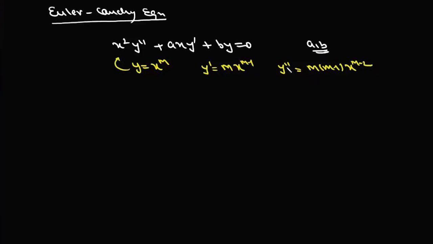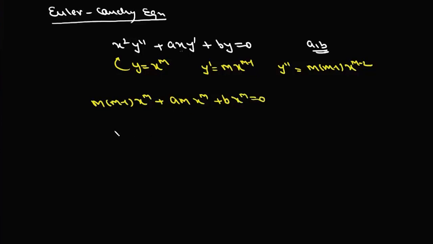With y double dash we have x squared, so it will be m times m minus 1 x to the power m. Here we have x, so it will be again x to the power m. So we can write this as am x to the power m plus b, and y simply x to the power m equals 0.